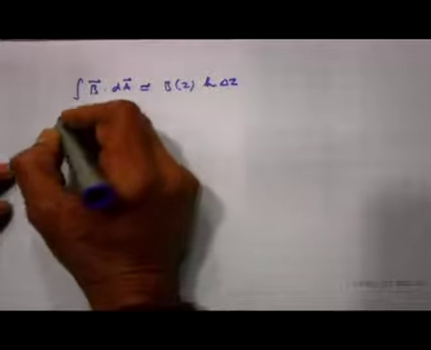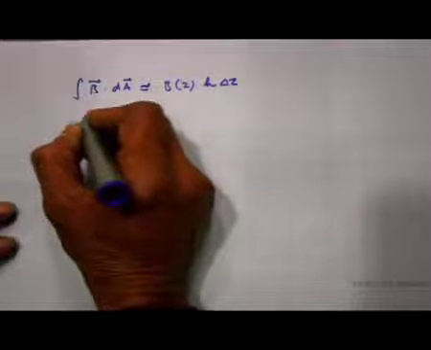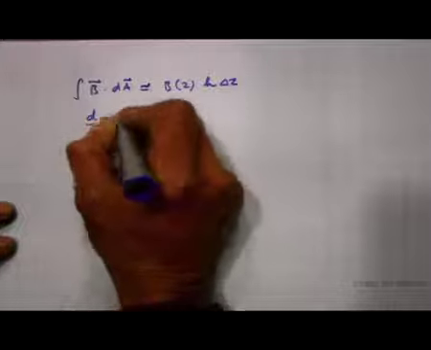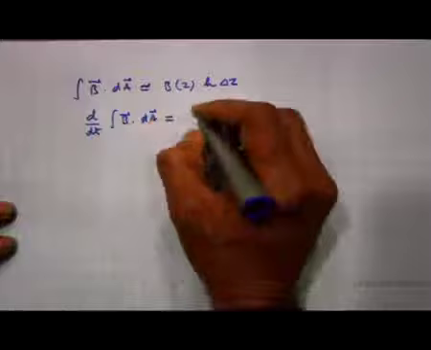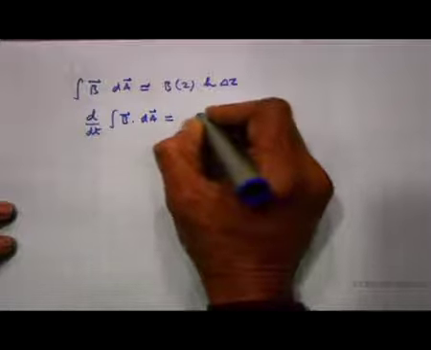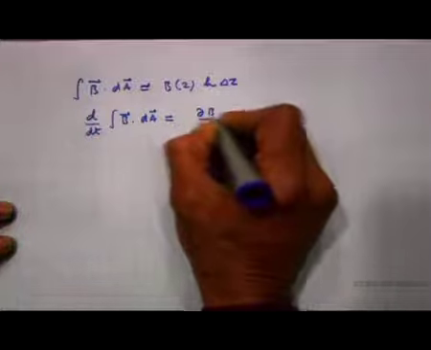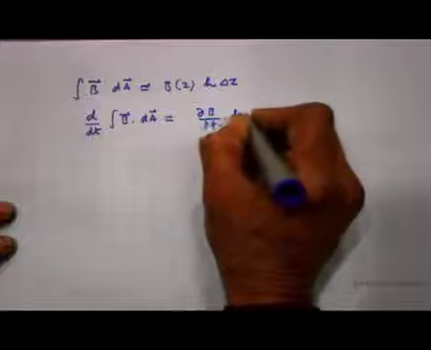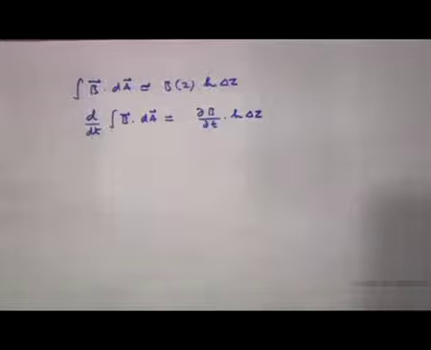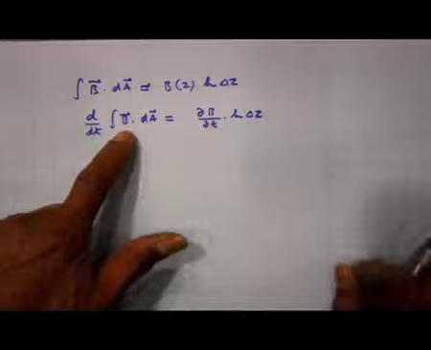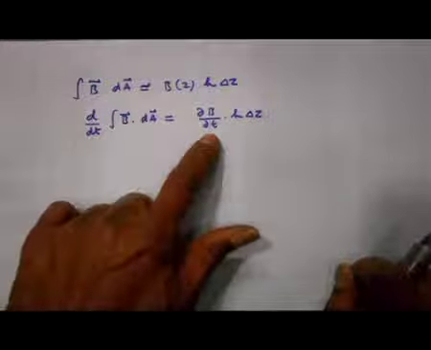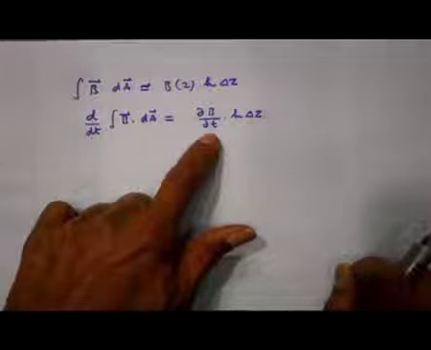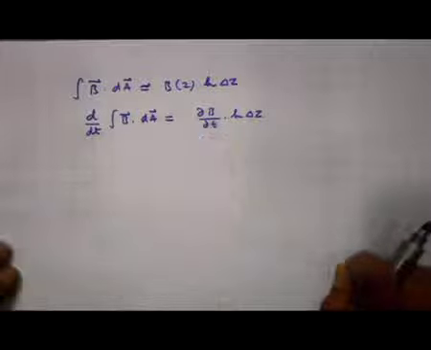So, for Faraday's law, I must calculate d by dt of integral B dot dA, which is nothing but, as before, del B by del t into h delta z. Because the magnetic field depends on position and time, I am differentiating with respect to time, and so I write a partial derivative of B with respect to time into h delta z.